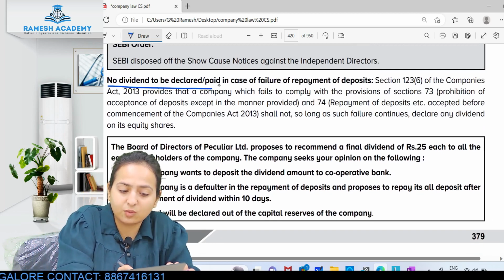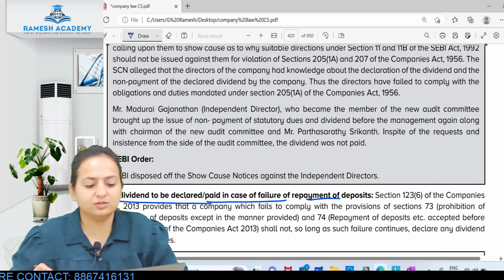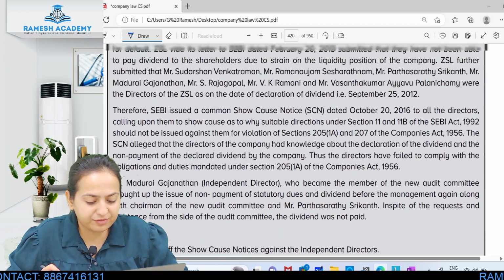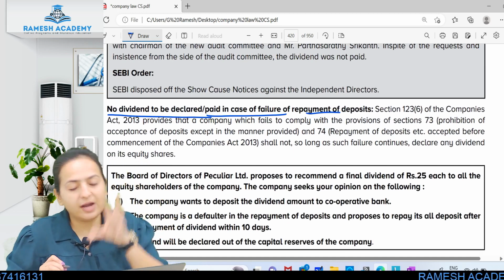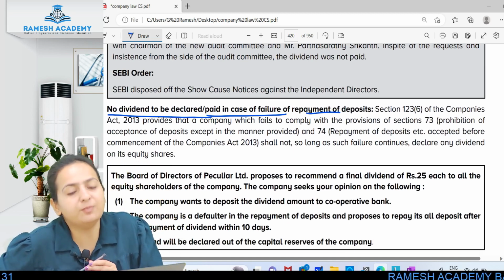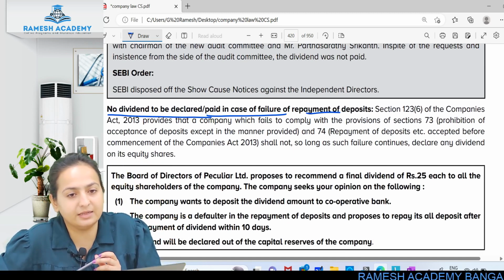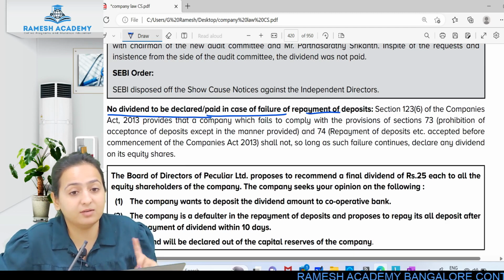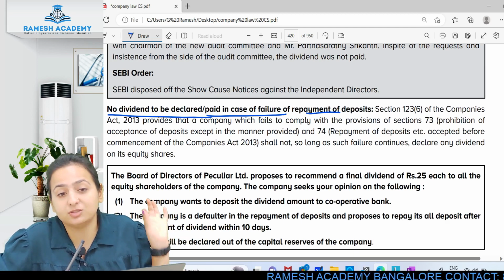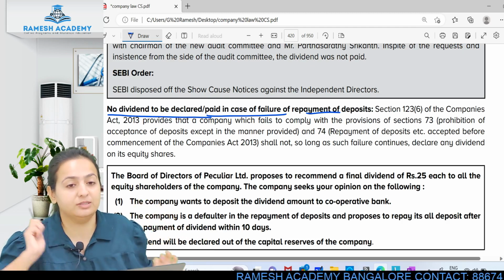Next is no dividend to be declared or paid in case of the failure of repayment of deposits. So, until and unless you repay the deposits, you cannot declare the dividend. Suppose you have defaulted in repaying the deposit amount. We have learned what deposits are; 2(1)(c) is the deposit definition.